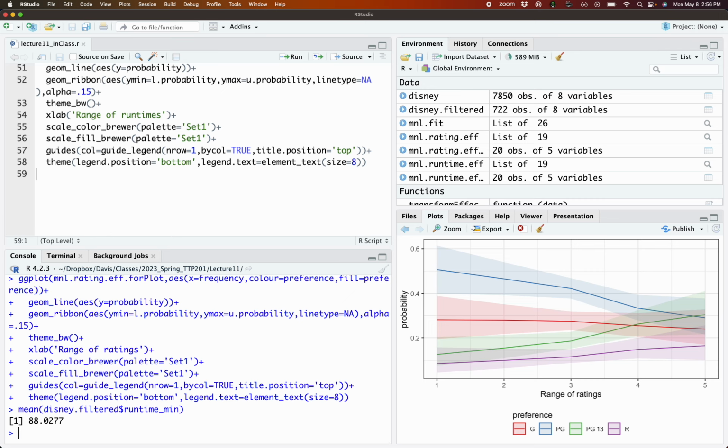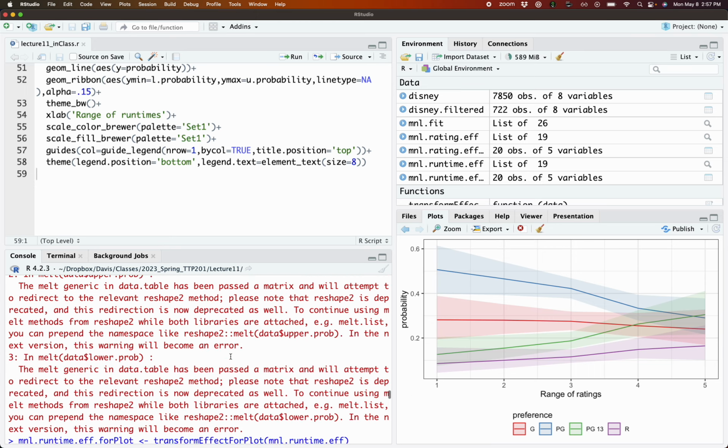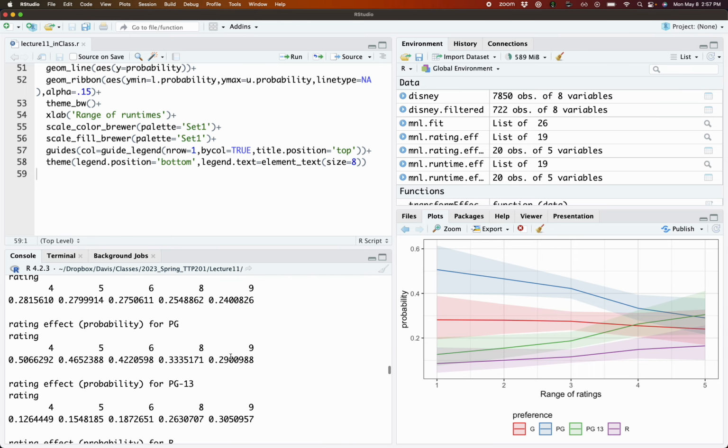So again, these ratings correspond to 4, 5, 6, 7, 8, I think. Is that right? Sorry, 1 second. 4, 5, 6, 8, 9. It's jumping around a little bit. It does it by quantiles.